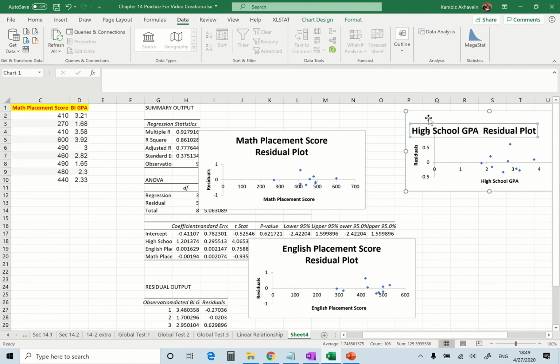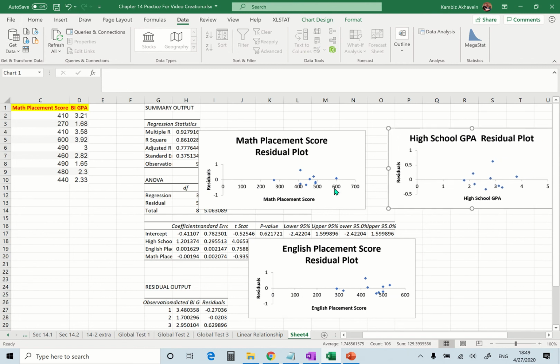Okay, I basically check around this line of 0. You see there is a line of 0 here. I check to see if almost 50% of points are above and below the line. And I shouldn't see a pattern.